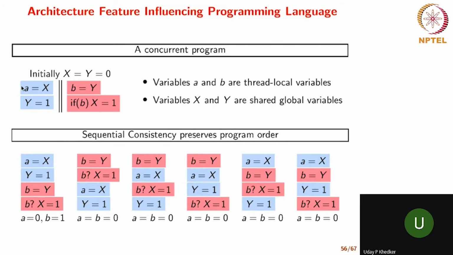So you always have A equal to X executing before Y equal to 1, here, here, here also. Similarly, you always have B equal to Y executing before X equal to 1.